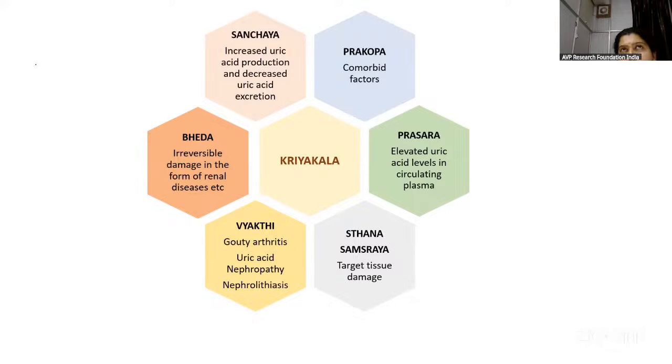Sthana Samshraya means you might have reached a stage of acute arthritis which needs a specific or separate management. Vyakti, again, we have to deal with treatments of acute gouty arthritis. And Bheda is that complicated stage where we need intensive therapies because you have already entered a stage of complications. We have to treat the complications along with the Pradhana Vyadhi.